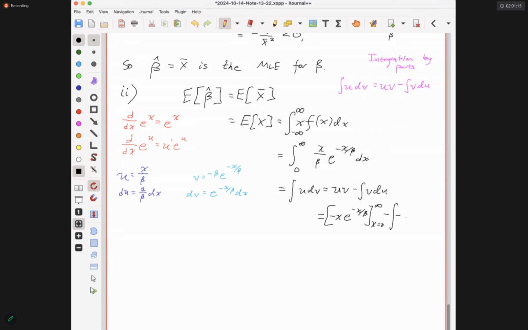So the 1 over betas would cancel. I'll just write it here as negative beta over beta, e to the negative x over beta dx, evaluated from 0 to infinity.